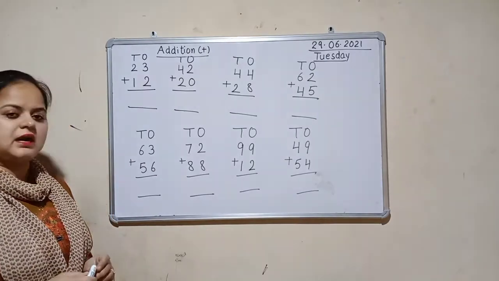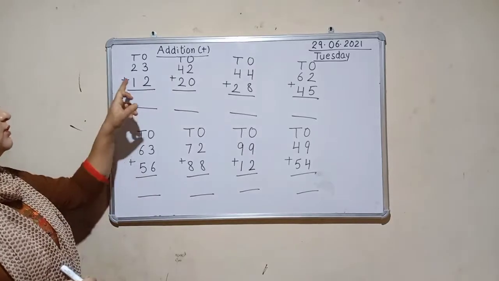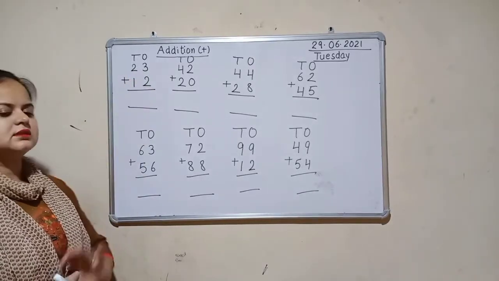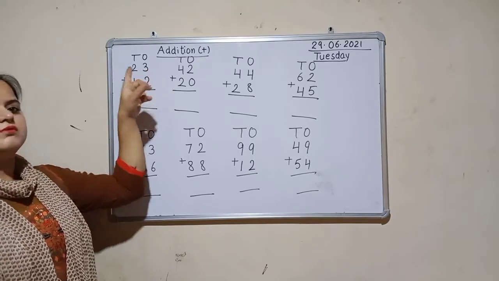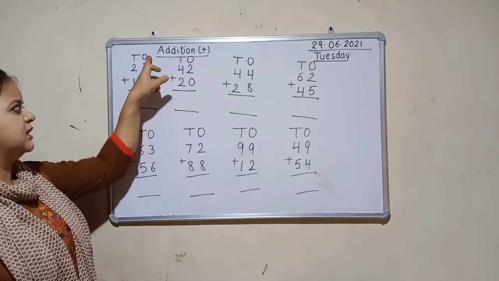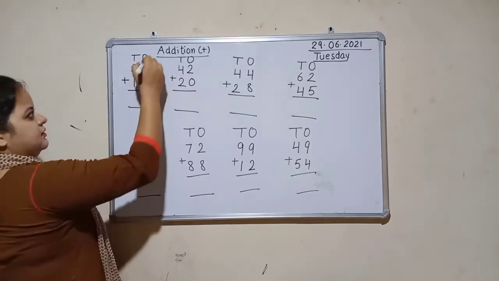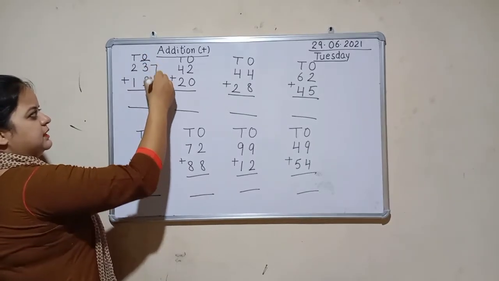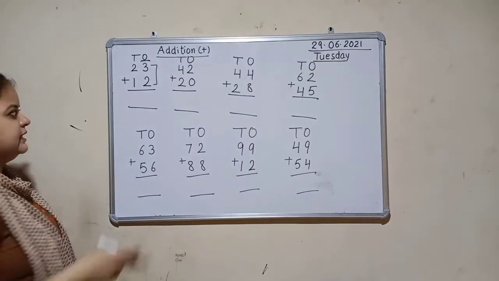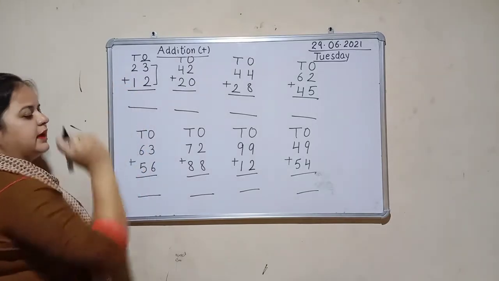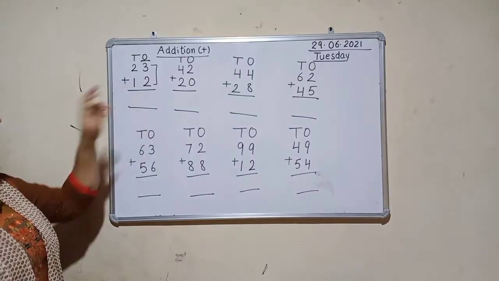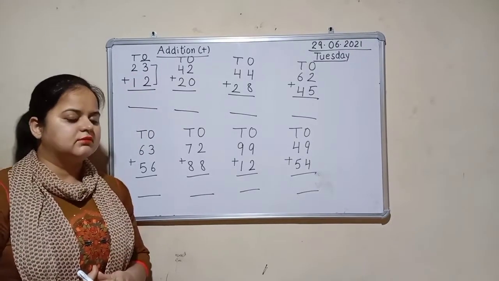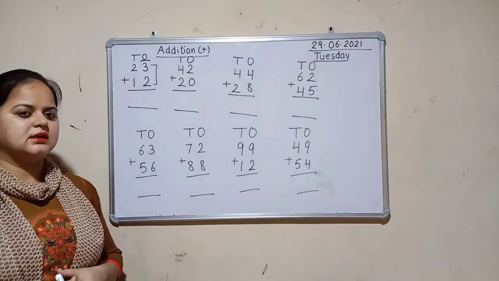So let's start with the first sum. First is 23 plus 12. Now we will start addition from the one side, the ones first and then the side of tens. So 3 and 2. How we will do addition?